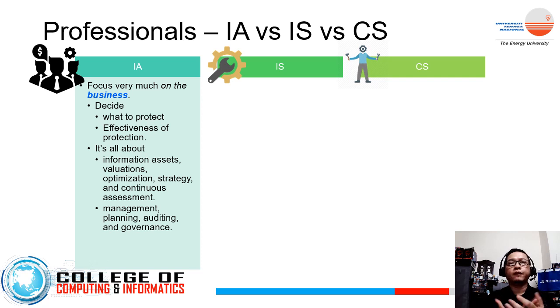What is the value? How to optimize the protection and usage of the information, how to continuously assess the protection mechanism, the proactive and reactive process, in terms of management planning, auditing, and also the governance of information.